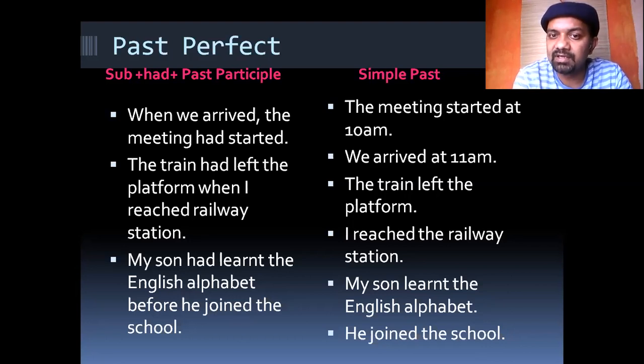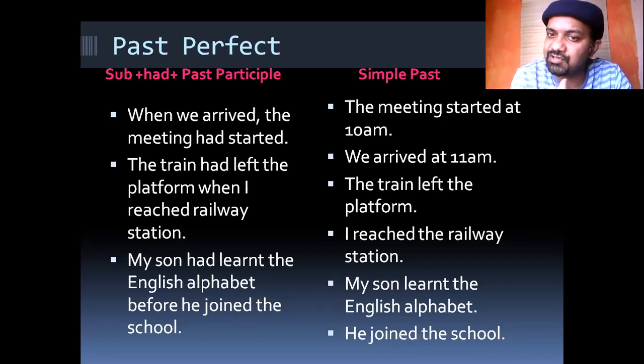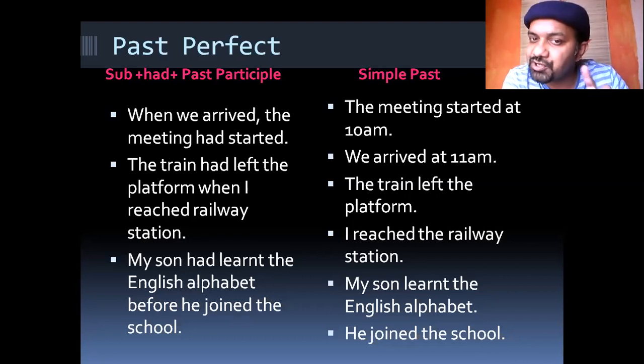The first one, the train left the platform. Two incidents in the past. Let us put it in a past perfect. The train had left the platform when I reached the railway station.